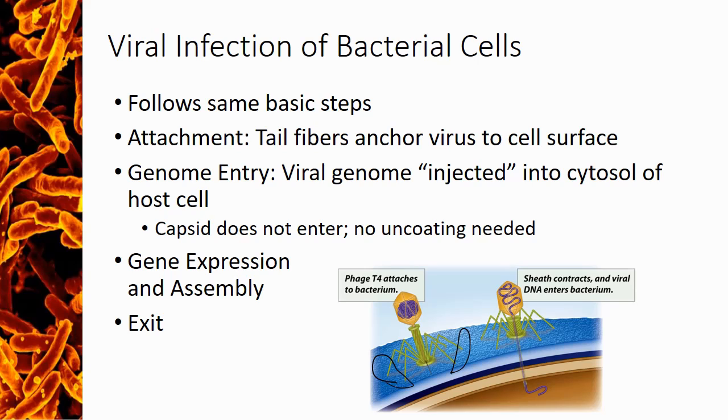Instead, the virus itself injects its DNA genome into the cytoplasm of the cell. This works similarly to when you push the plunger on a syringe. The bacteriophage pushes down, putting its genome through the cell wall, through the cell membrane, and into the cytoplasm. Gene expression, assembly, and exit can then occur.